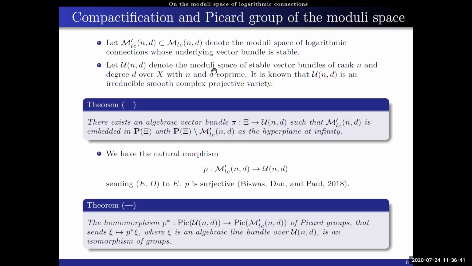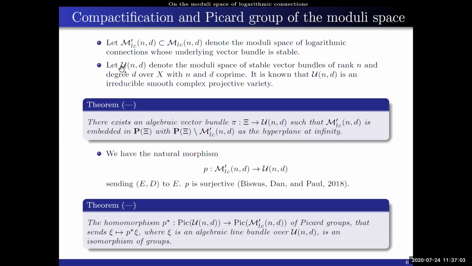Now let U(n,d) denote the moduli space of stable vector bundles of rank n and degree d over X with n and d co-prime. It is known that U(n,d) is an irreducible smooth projective variety. It's not a quasi-projective variety, it's a projective variety. But M_LC(n,d) is a quasi-projective variety, and M_LC'(n,d) is an open subset of it, so it is also quasi-projective.